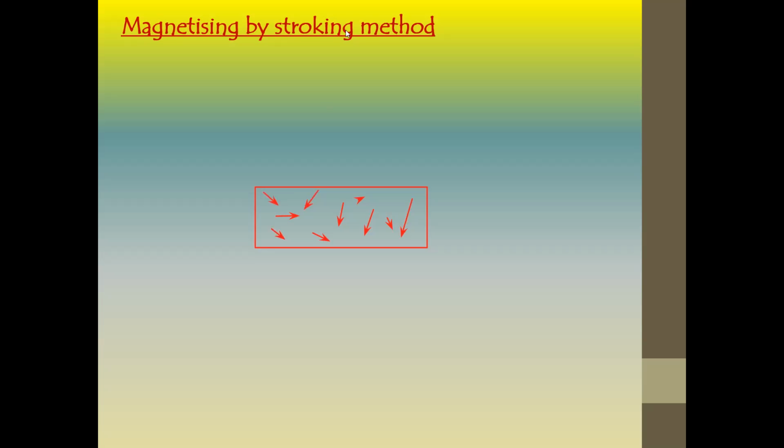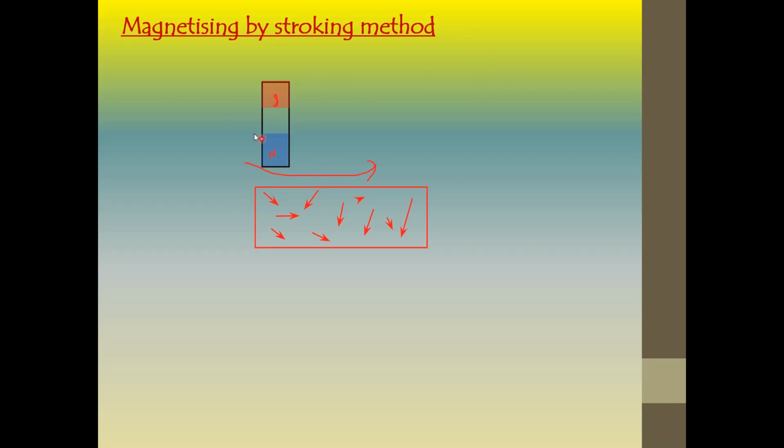The domains are not aligned, so what you will do is take a permanent magnet, any pole you can take, and rub it many times in one direction.